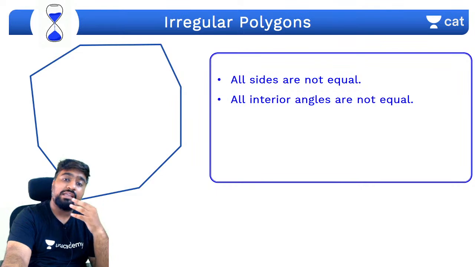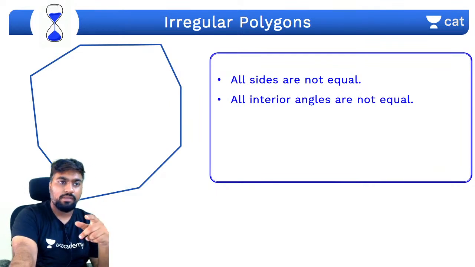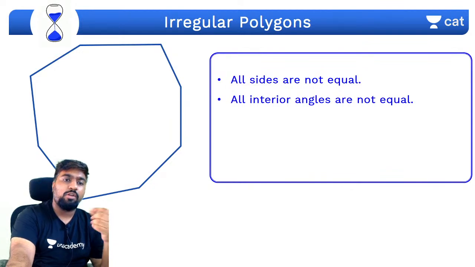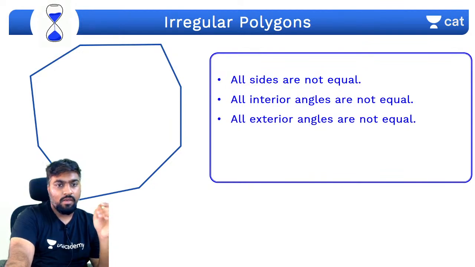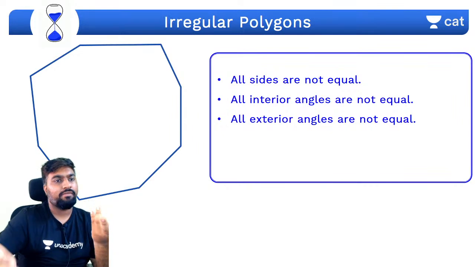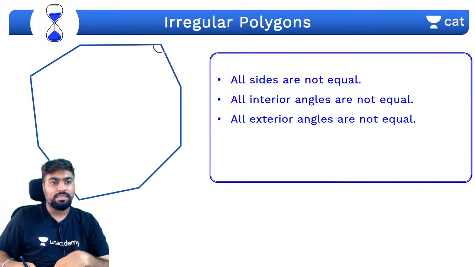Number 2, all interior angles may not be the same. All may be the same except for one. Getting it? At least one will not be equal. All exterior angles ultimately will not be equal either. If this is theta 1 and this is theta 2, then the exterior angle here will be 180 minus theta 2, and here it will be 180 minus theta 1.